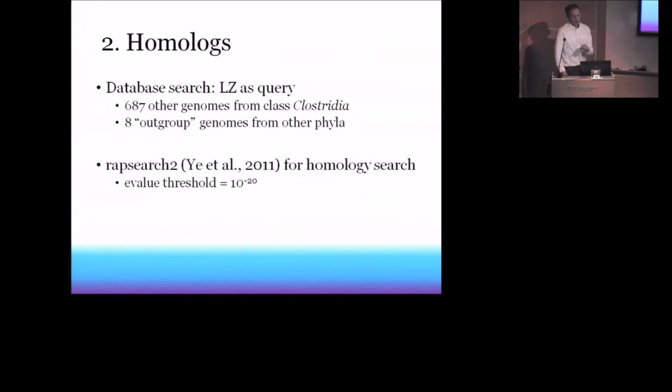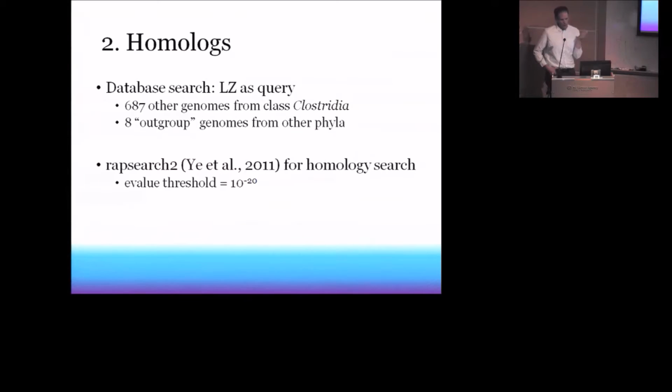Now, identify homologs. We have Lachnozilla, and we have 687 other genomes from the same class. So in this case, Lachnozilla is our query genome. We compare against everything else. And because we like to root trees, we take 8 outgroup genomes from other phyla: a couple of proteobacteria, a couple of things from class Bacilli, which is Clostridia's neighboring class.